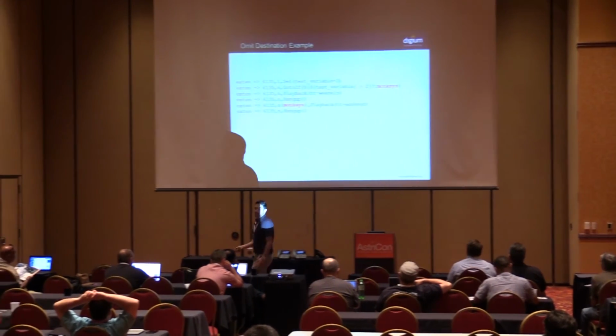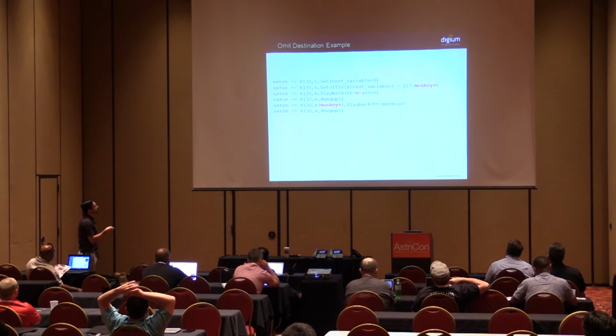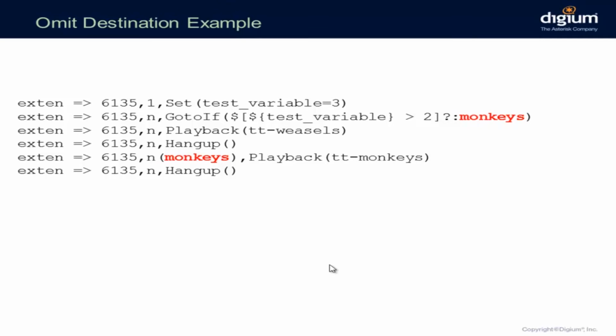Right, because he said, well, to hang up the call before it gets to the other destination, right? If we don't have this hangup here, test variable is greater than 2, continue, tt-whistles, and then it's going to play tt-monkeys if we don't have that hangup here. So remember to have that. And in general, it is a good idea to hang up channels. Okay? Could we have expressions, inline expressions in those? What do you mean?